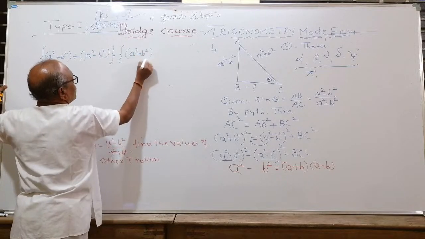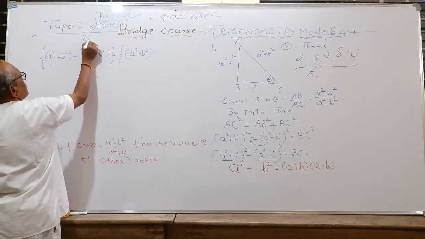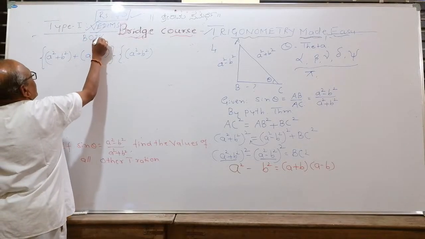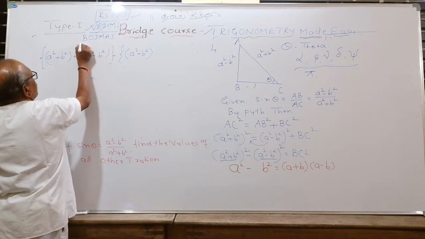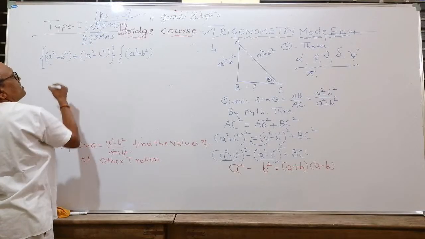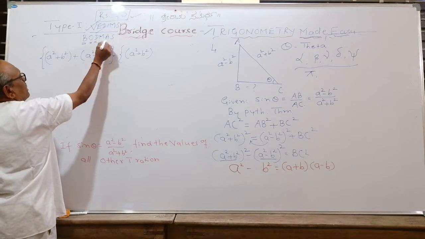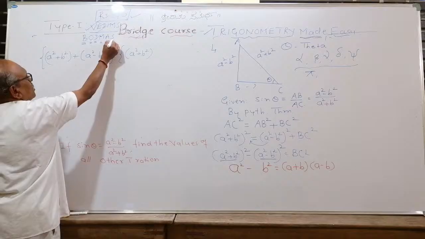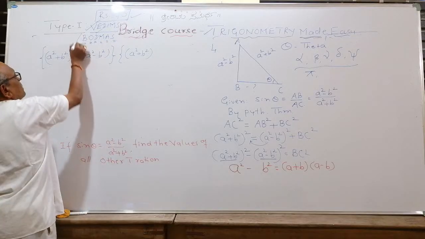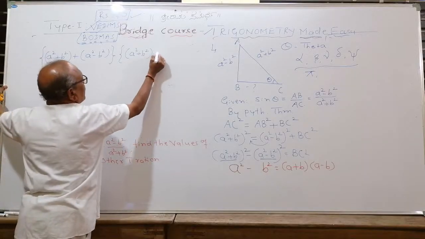Use of bracket is very important. It's called BODMAS. You studied at the school level, BODMAS. B means bracket, O means order, D means division first in the order, M means multiplication, A means addition, S means subtraction. This is called the BODMAS principle. Use bracket properly.